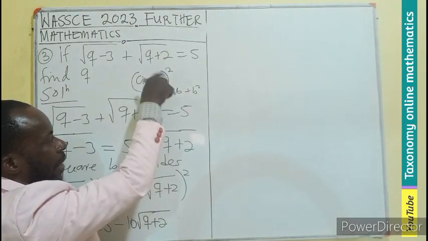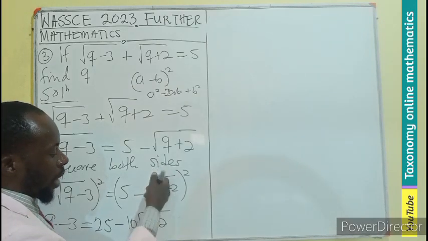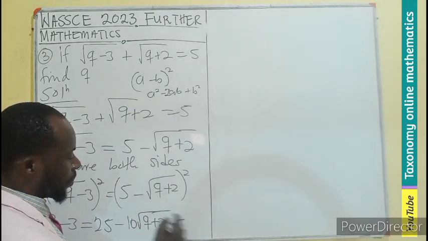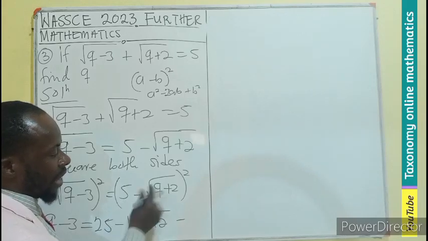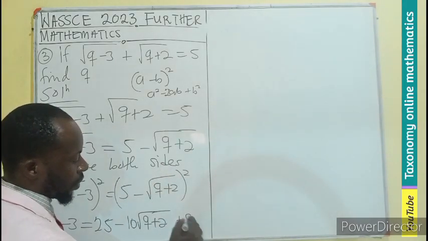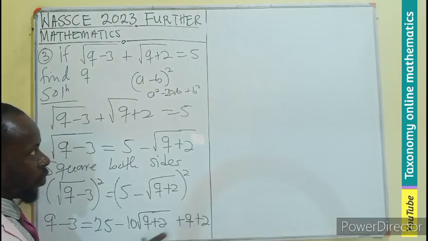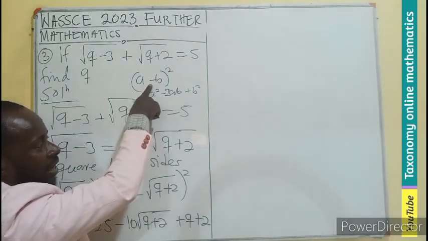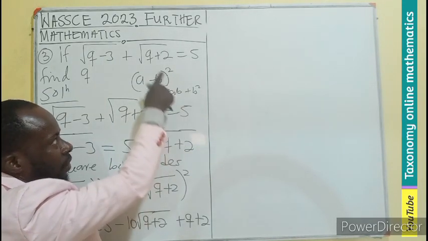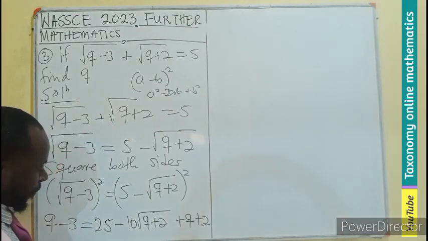Then we square the last term. You square the bracket, the square root will cancel, leaving plus q plus 2. Don't forget, this is the one we are squaring. The negative becomes positive, because if you square it, you get a positive value. And that is what we have there.